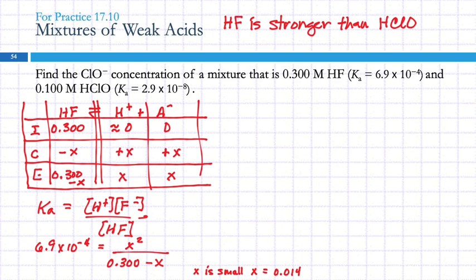I compare that to the 0.3, and it's 4.795%. That's super close to 5, but it is less than 5. 0.01439.